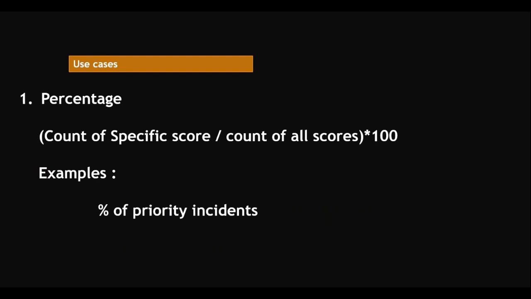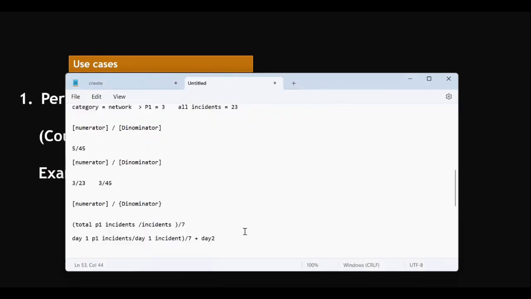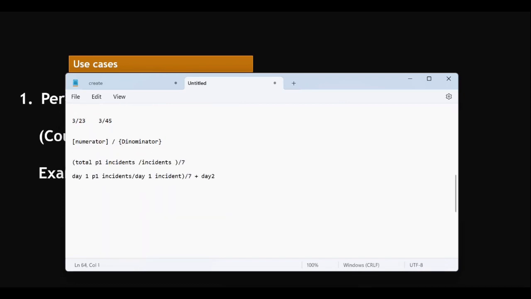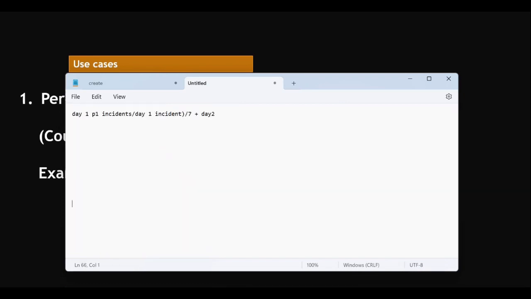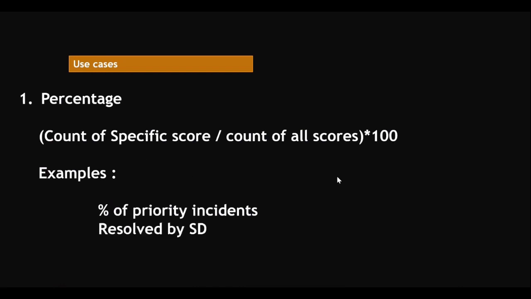So, number of P1 incidents by number of total incidents. That is called percentage into 100. That is the example.